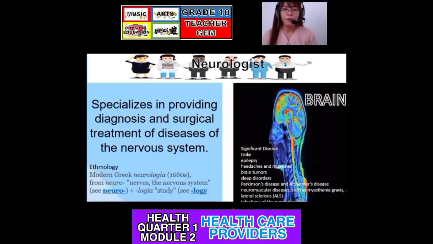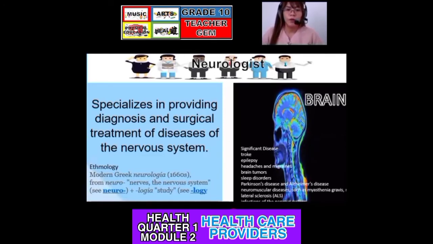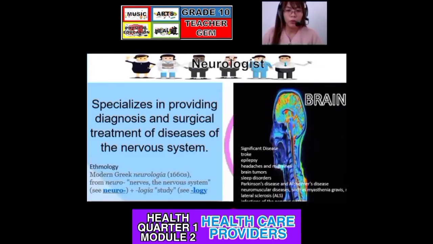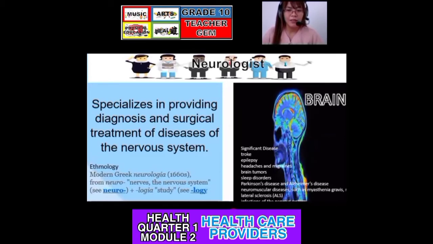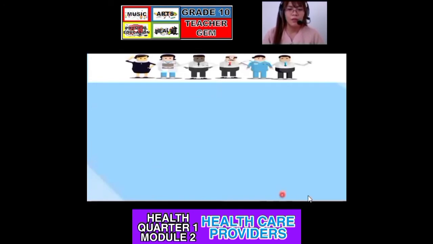A doctor who specializes in the brain, spinal cord, and nerves is a neurologist. A neurologist treats patients with significant diseases like stroke, epilepsy, headaches, migraine, brain tumors, sleep disorders, Parkinson's disease, and Alzheimer's disease, and so on.